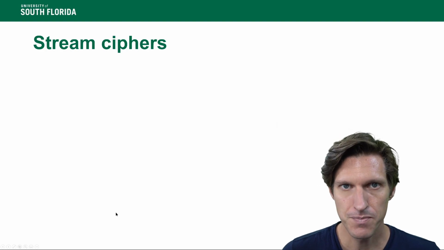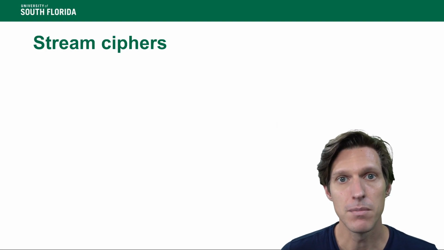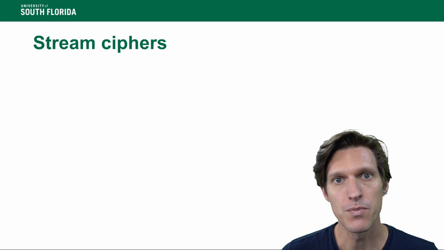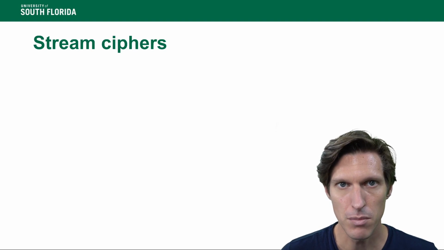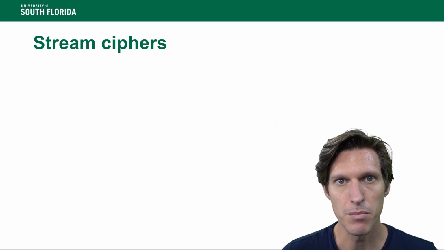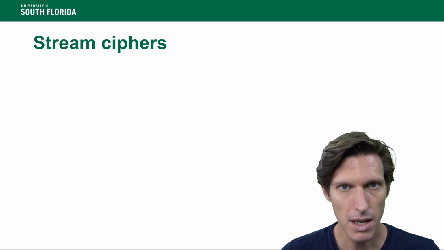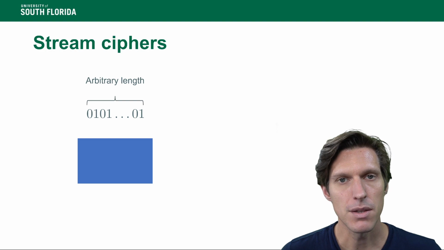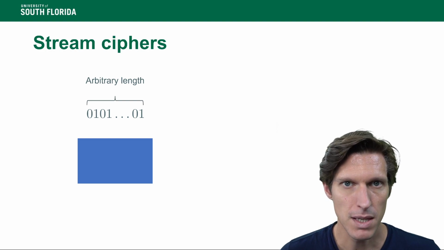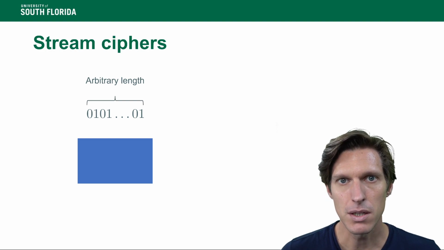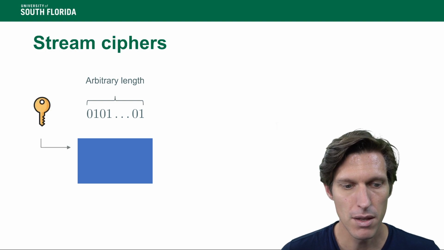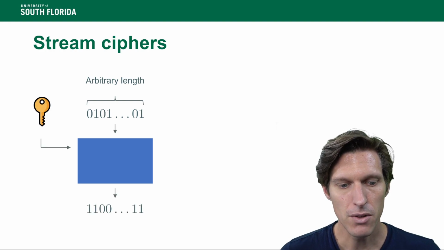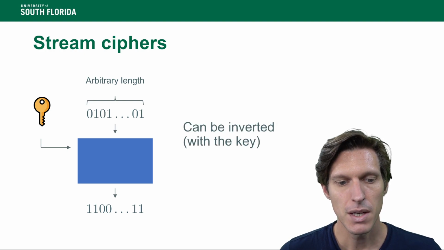Okay, now stream ciphers are usually made using block ciphers as a sort of building block, but it doesn't have to be. Okay, so a stream cipher is this time a crypto system that takes as input a bit string of arbitrary length. It uses the key to evaluate and spits out another bit string of the same length, and it can be inverted.